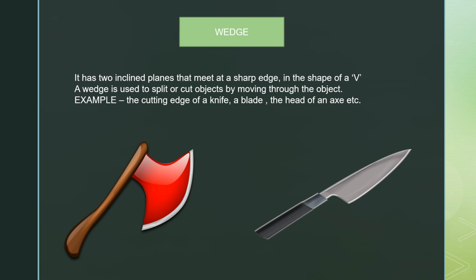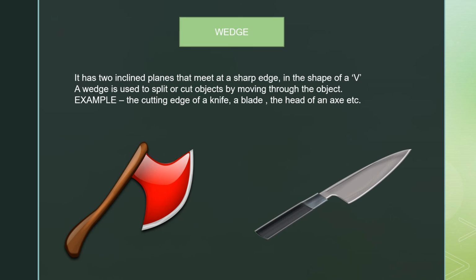Wedge. It has two inclined planes that meet at a sharp edge in the shape of a V. A wedge is used to split or cut objects by moving through the object.